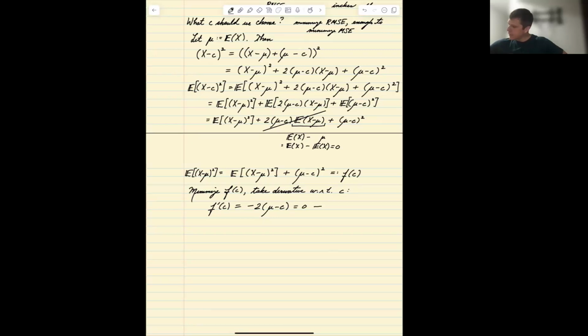And if we do that, what we find quite easily is that c needs to be equal to mu. And then to confirm that this is a minimum, we take the second derivative with respect to c. We see that it's equal to 2. That's positive. That means that c equals mu minimizes f.